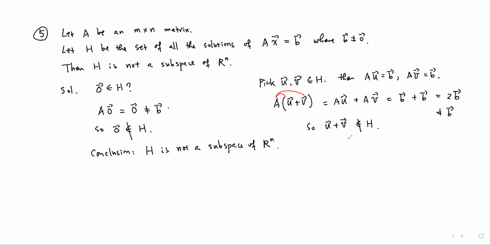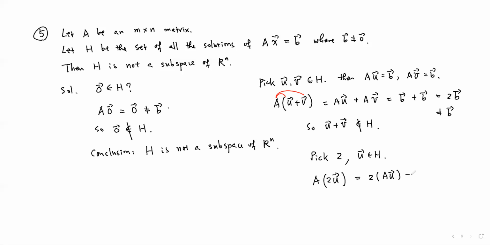And also H is not closed under scalar multiplication. Pick a scalar, say 2, and pick a vector U in H. Now 2 times U. Let me see whether or not 2 times U is a solution of this equation. A times 2 times U. I move out the scalar 2.